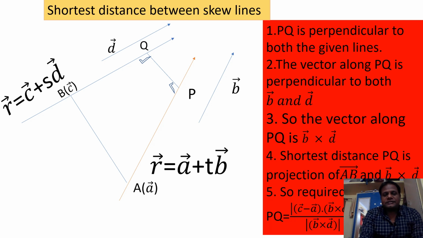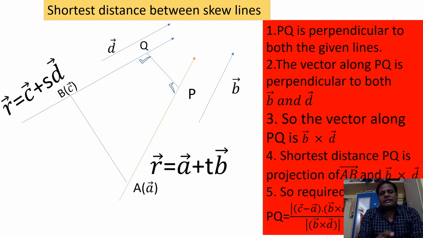Here a bar is a point on the line, so I have taken capital A of a bar as a point on the line, and b bar represents the DRs of the line. So DRs of the first line are represented by the vector b bar. So here I have taken one b bar vector which is parallel to the first line. Similarly for the second line.